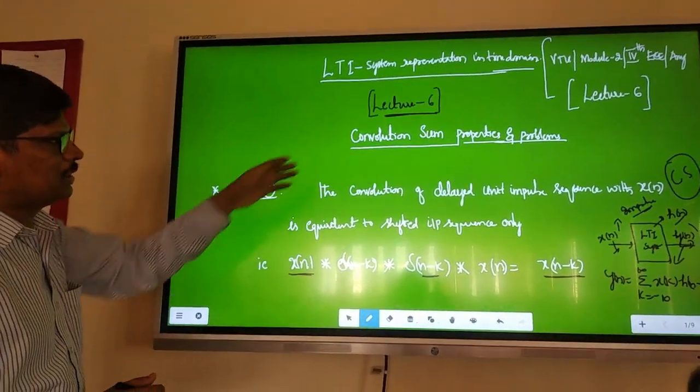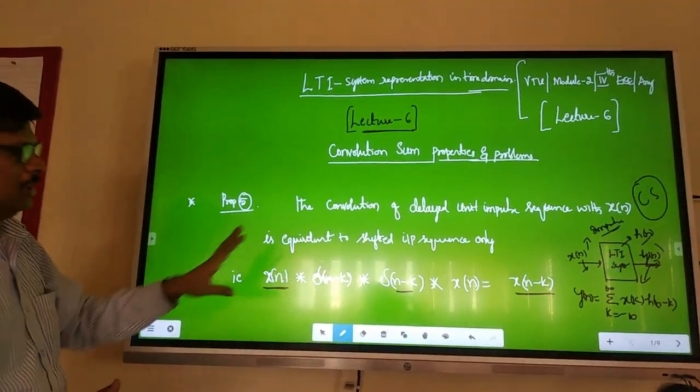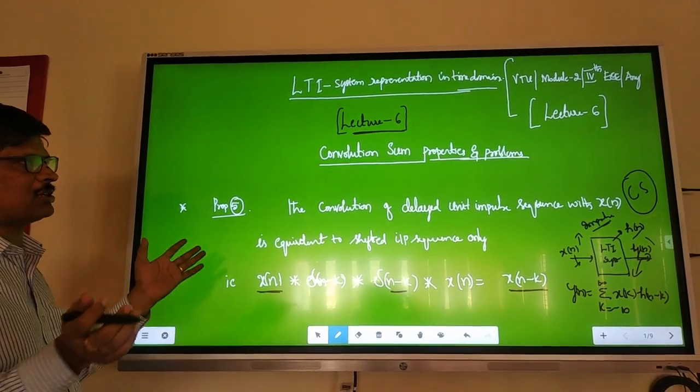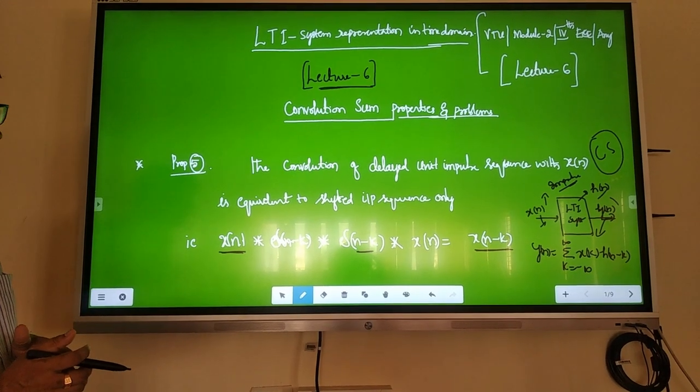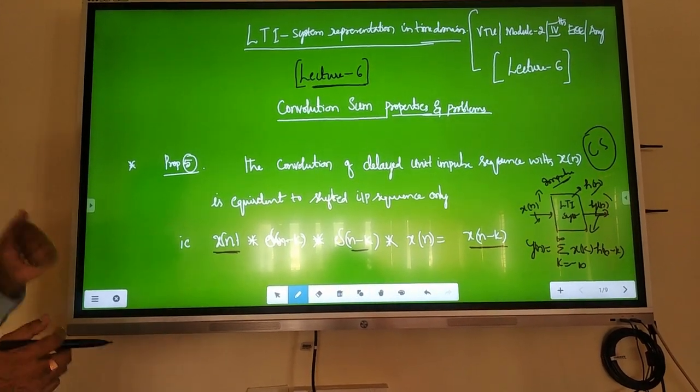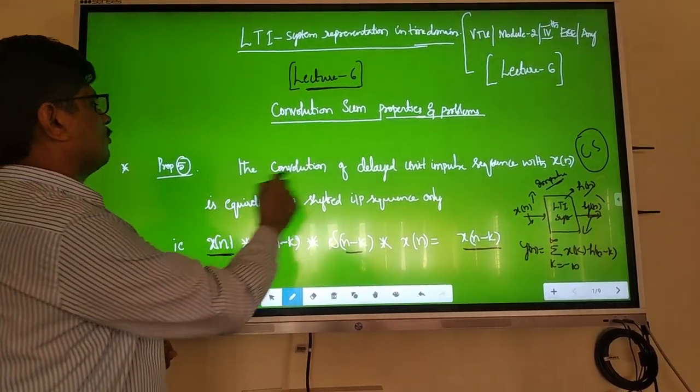Now let us see the other 2 properties, which help signal processing to process signals better and efficiently, to do my projects. What is that?